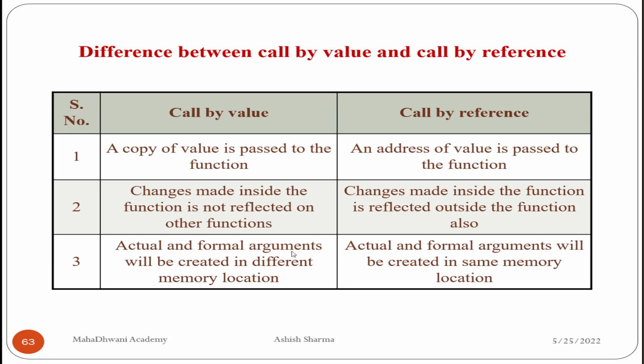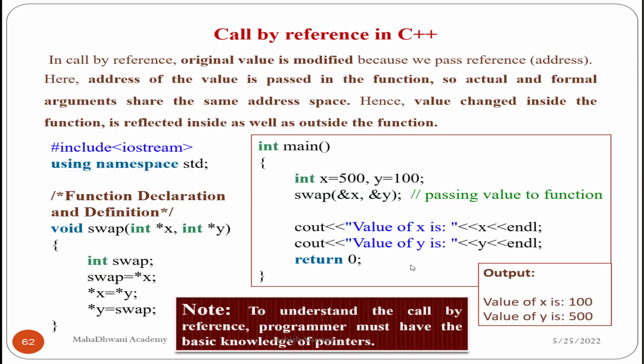In call by value, actual and formal arguments are created in different memory locations. In call by reference, actual and formal arguments are created in the same memory location, because we are interacting with the help of a pointer and the ampersand operator. The ampersand operator holds the address, and this is a pointer variable, which gets the value from the address of the variable.